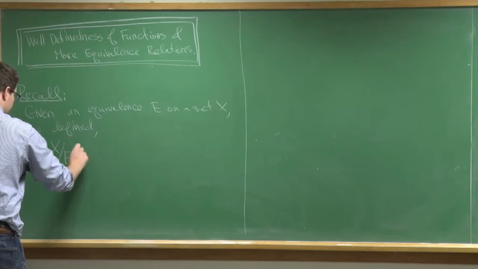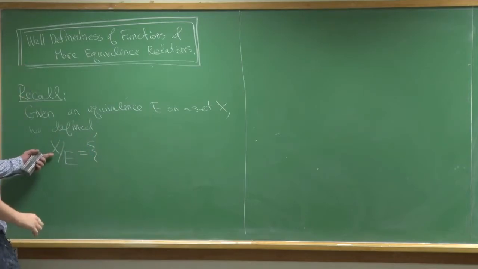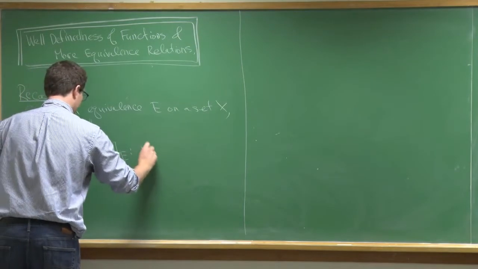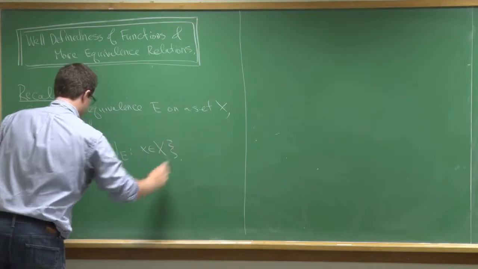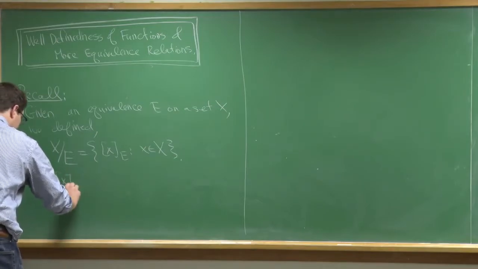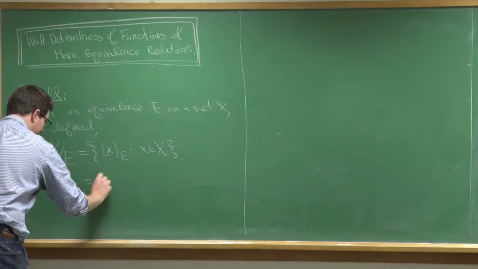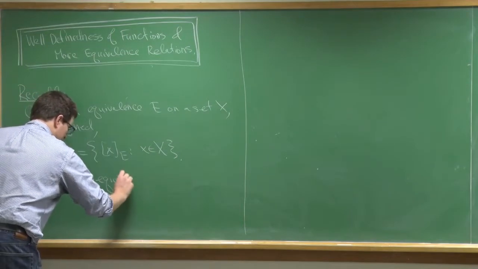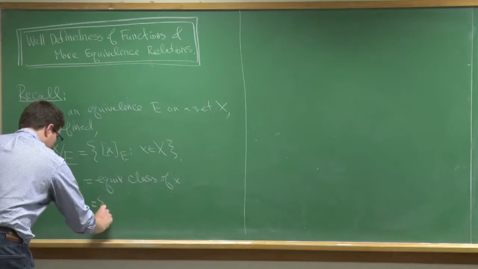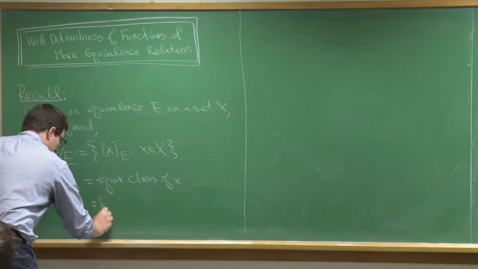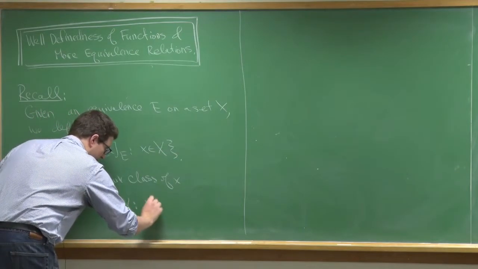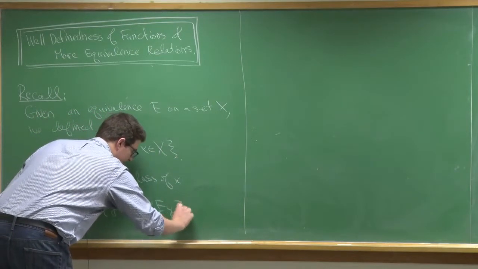X mod E, this is the quotient. And then we defined this thing here, which is the equivalence class of x, the set of y in X such that x is related to y.